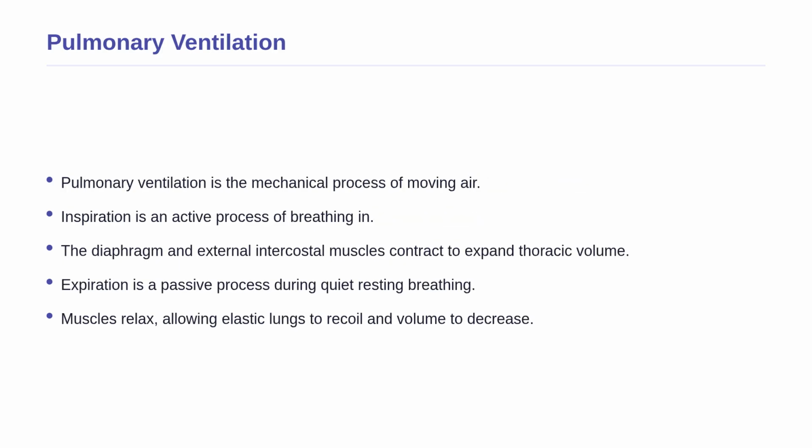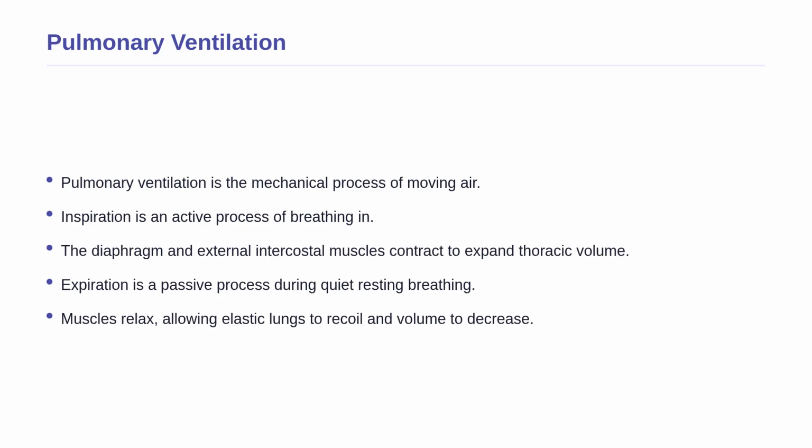Now that we have an intuitive picture, let us look at the formal biological terms. The scientific name for this mechanism is pulmonary ventilation. It consists of two alternating phases. The first is inspiration, or breathing in. This is an active process. Your diaphragm and the external intercostal muscles between your ribs contract, physically expanding your thoracic cavity.